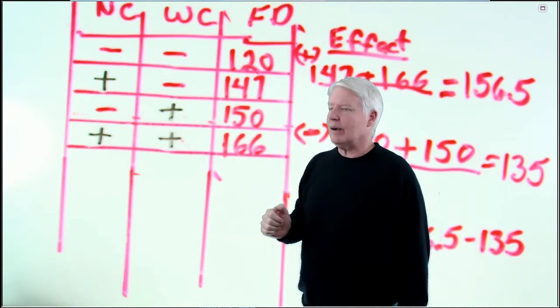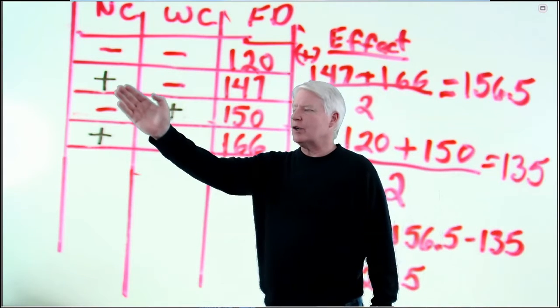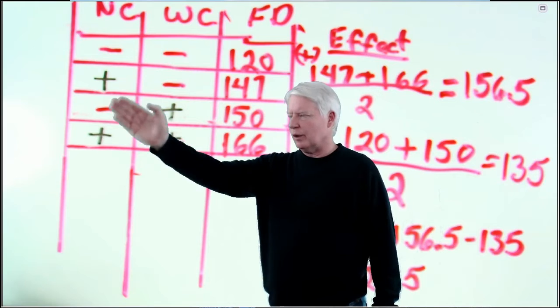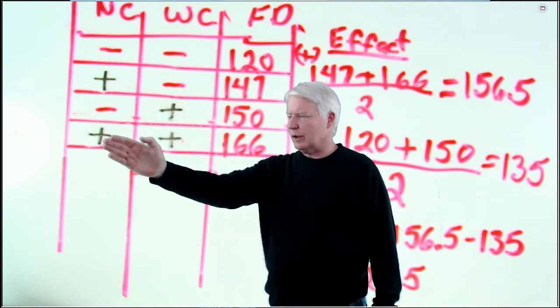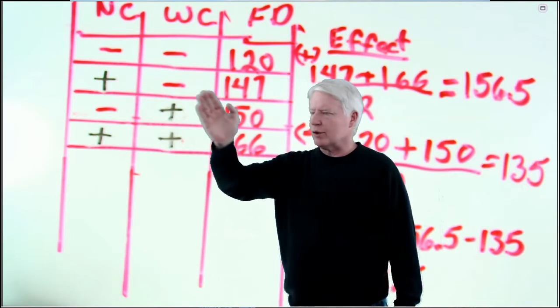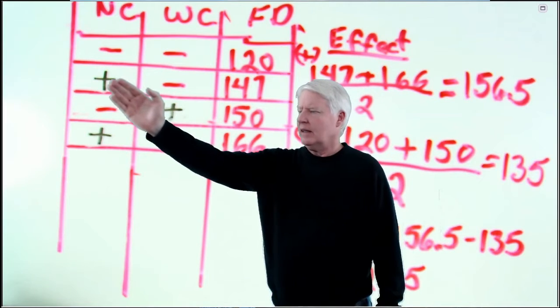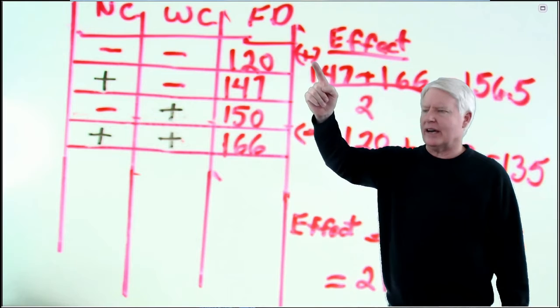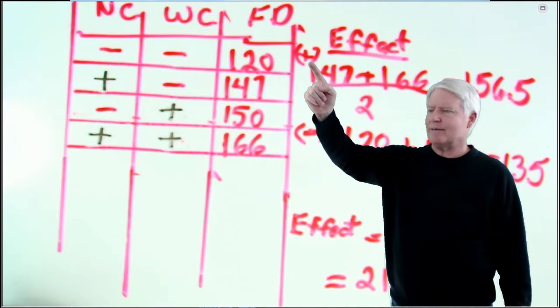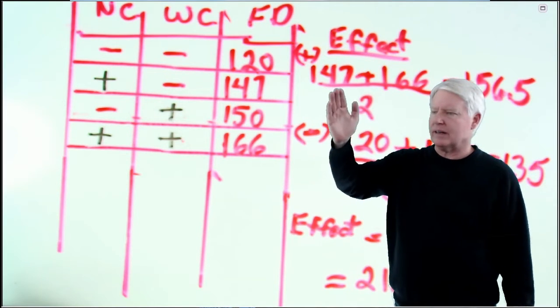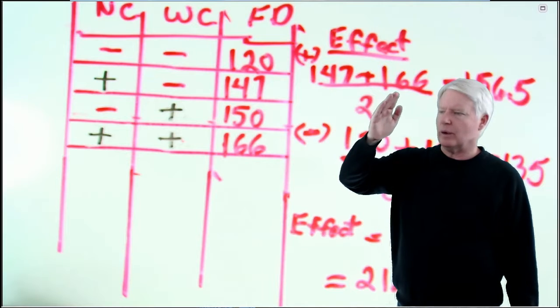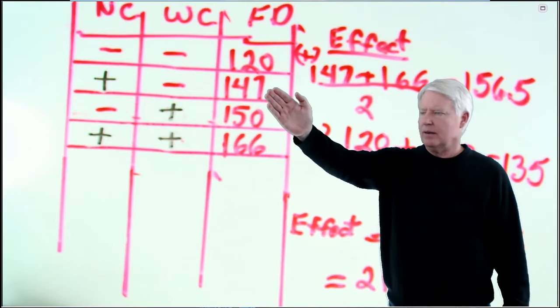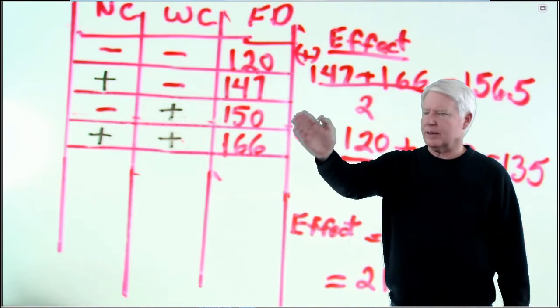I'm going to calculate the average when it was at its positive setting, in other words, the average when the nose is folded in. That was 147 and 166. So I put a little sign there so I know this is my average calculation for when it was positive, and that's 147 and 166. Okay, positive nose condition.